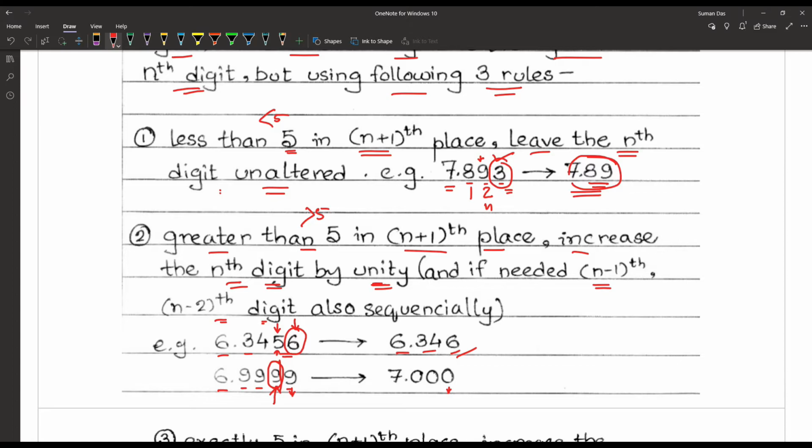Due to that carry 1, the second digit also becomes 10, so that is 0 here. Another carry of 1 added to 9 becomes 10. And after that the final carry of 1 is added to 6. So the final approximate number is 7.000.